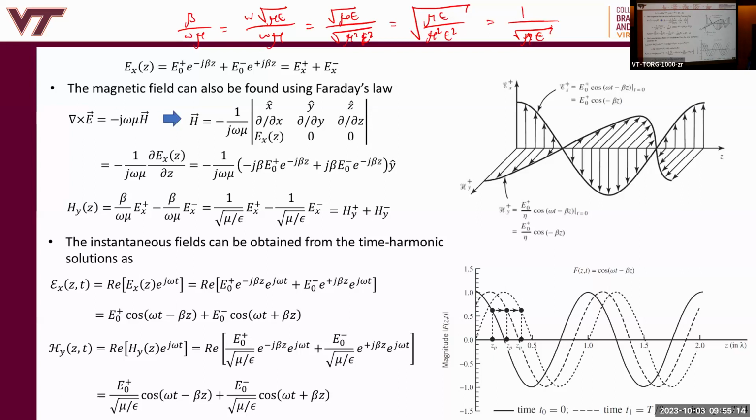Oh, wait a minute. Beta squared, omega squared of mu epsilon. Omega mu, okay. Oh yeah, there's a mistake. So there's not omega mu, there should just be mu at the bottom.